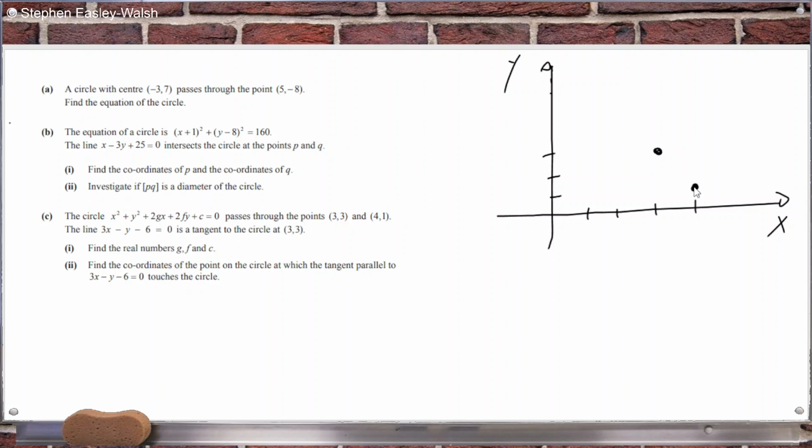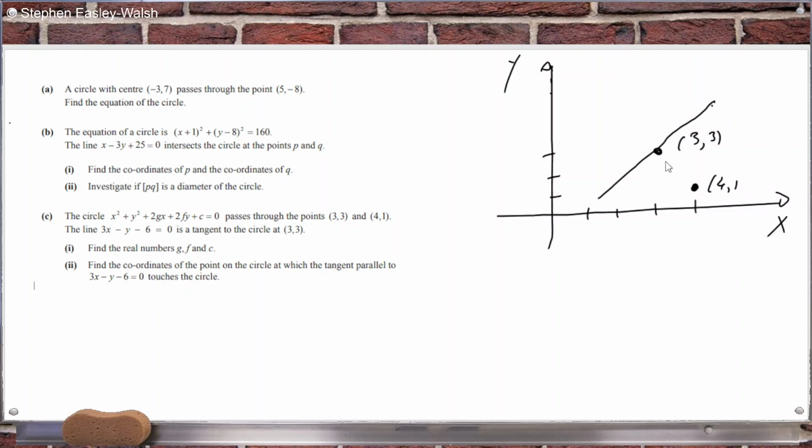And there's a circle here. Well, this point here is a tangent line at the point 3, 3, and that's the point 4, 1.